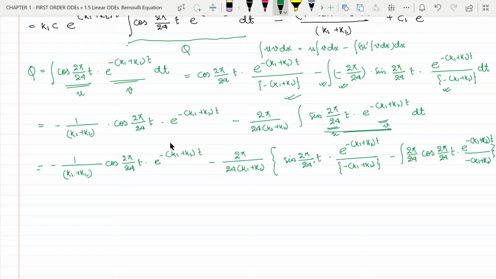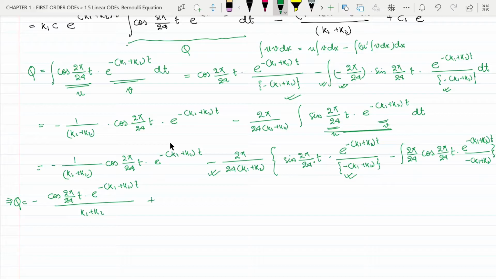So let us simplify this expression. So this implies q equal to minus cos 2 pi by 24t multiplied by e to the power minus (k1 plus k2)t divided by (k1 plus k2). This minus term and this minus term when multiplied gives us plus.